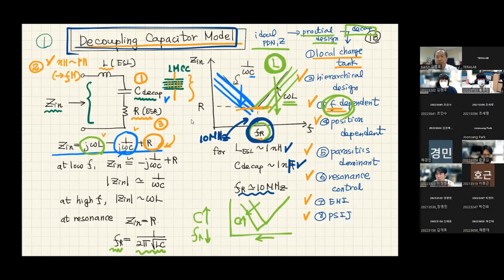Number one challenge is that it has self-resonance frequencies, usually in a low frequency range. The second challenge is that we have very heavy inductance dependency at high frequencies, and we have to reduce it. One way to reduce the inductance is to reduce the length of your interconnection. Second, you have to increase the number of interconnections.